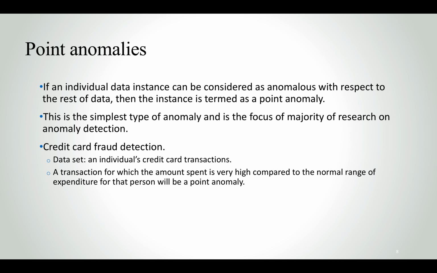If you're trying to detect, let's say, credit card fraud, then point anomaly is what you're looking for. You have someone's credit card transactions, and then suddenly you see a transaction from some faraway land, which is very large, and this is automatically flagged as an anomaly with respect to the rest of the data.